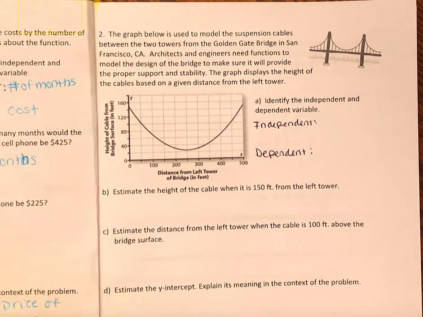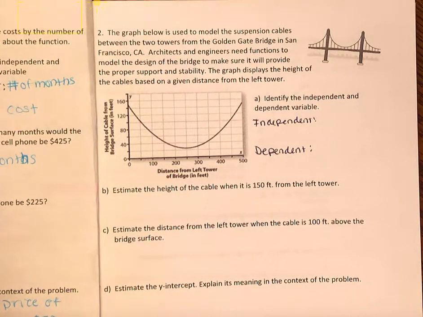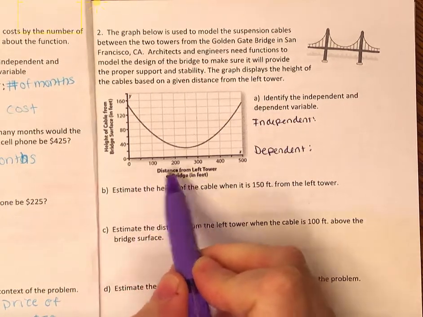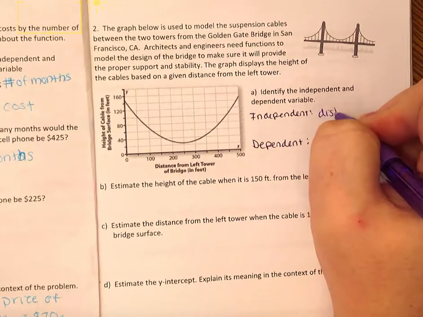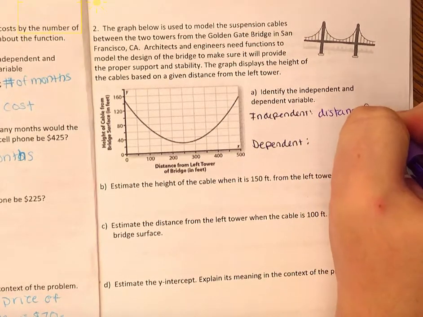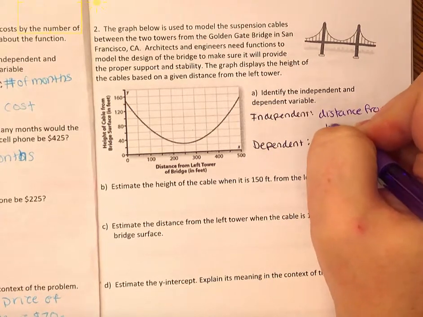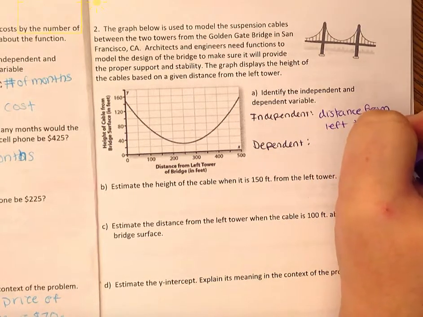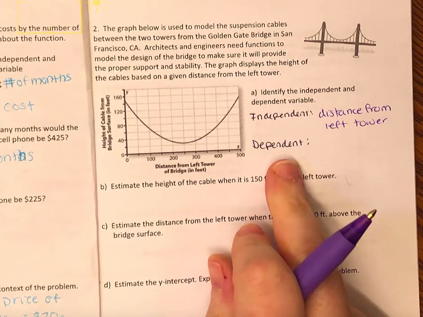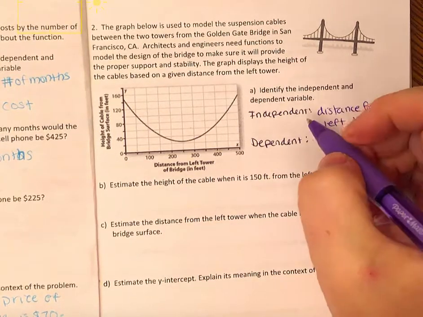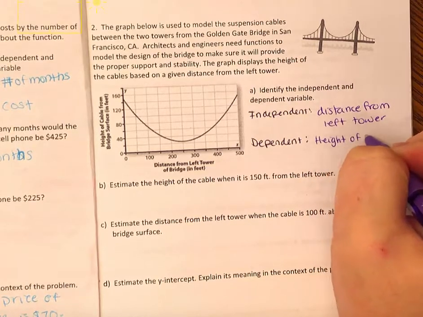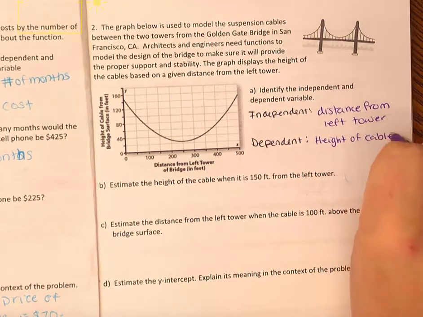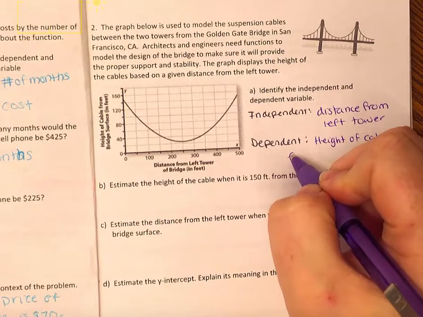So the independent variable would be the distance from the left tower, that x-axis, while the dependent is the height of the cable from the bridge surface.